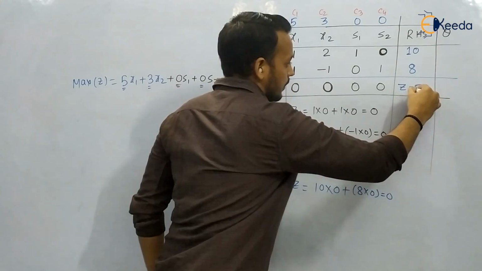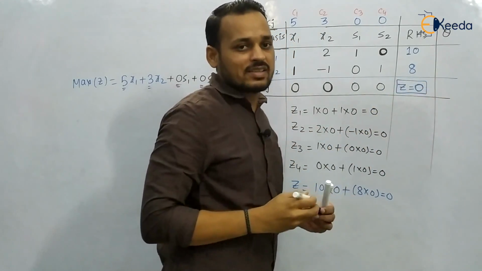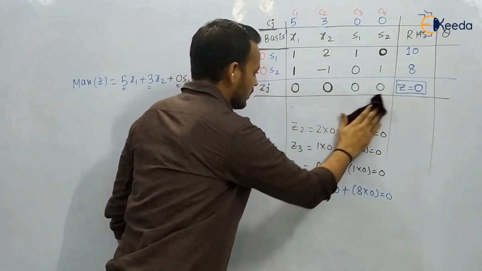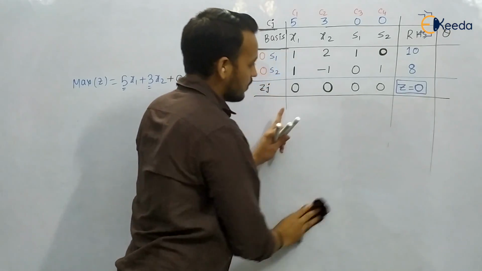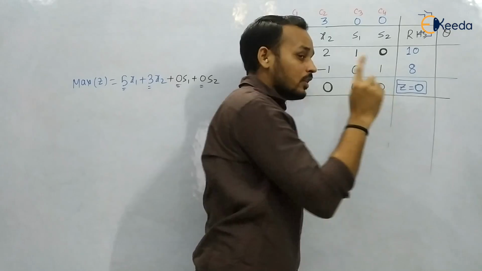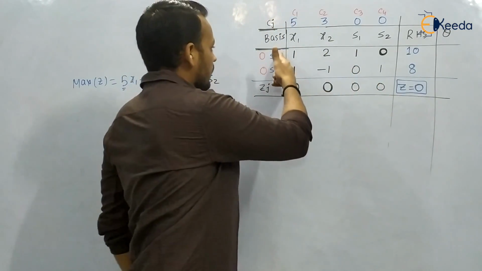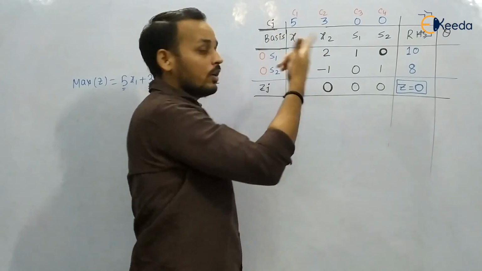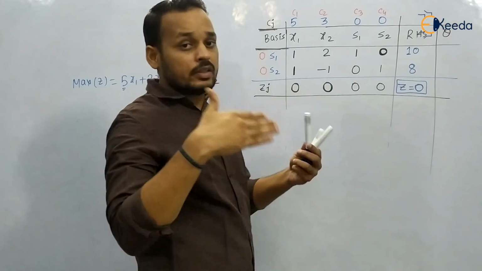And it has been told in the question itself that in the first iteration the value of Z is 0, when x1 and x2 are non-basic variables. Look here, they are non-basic because s1 and s2 are basic. So the value of Z is given. Now you have to find the value of Z in the next iteration.